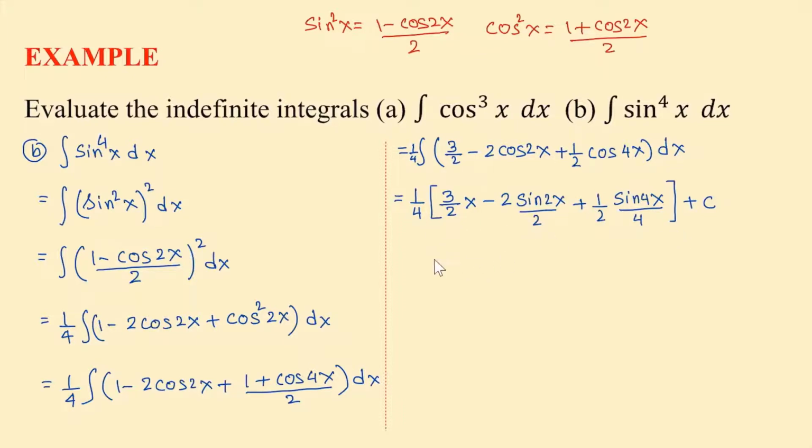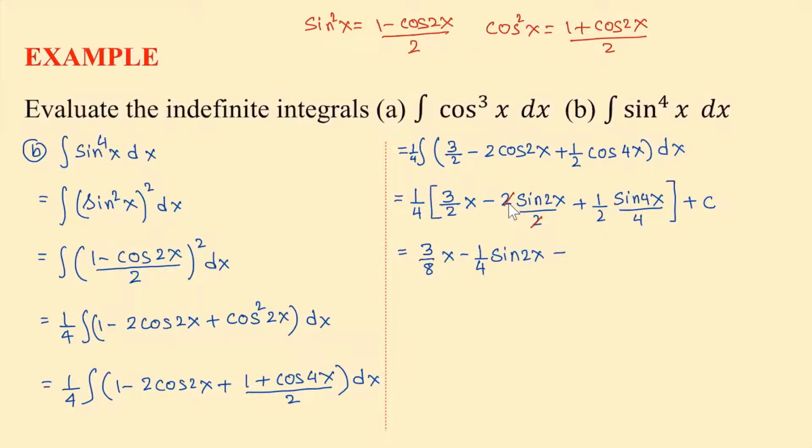We are going to simplify this now, which is equal to 1/4 of 3/2 is 3/8 x. In the second term here, there is 2 in the numerator, 2 in the denominator. Those two get cancelled. And you are multiplying by 1/4 from outside. So it will be minus 1/4 sine 2x.